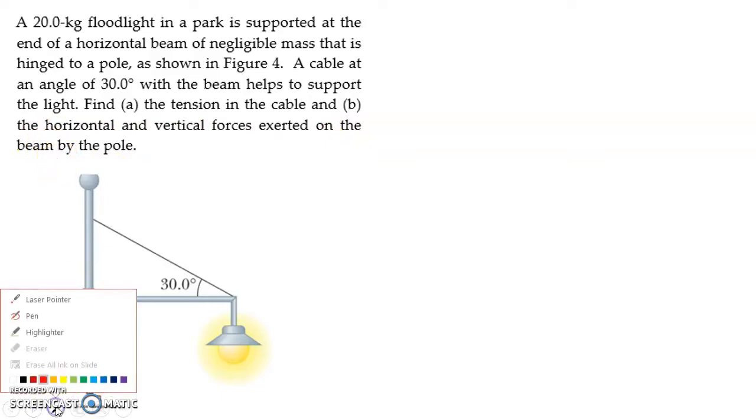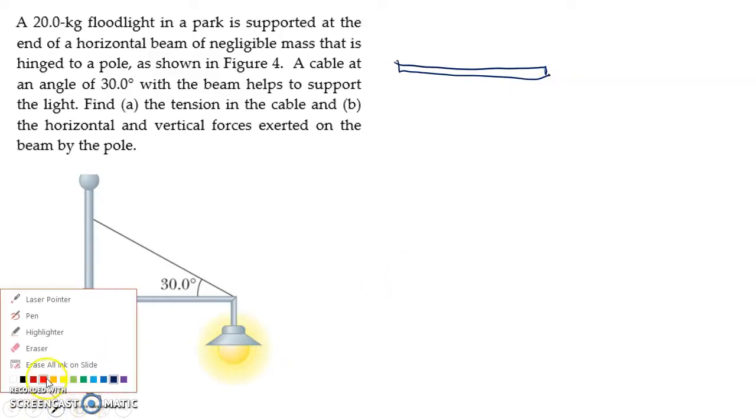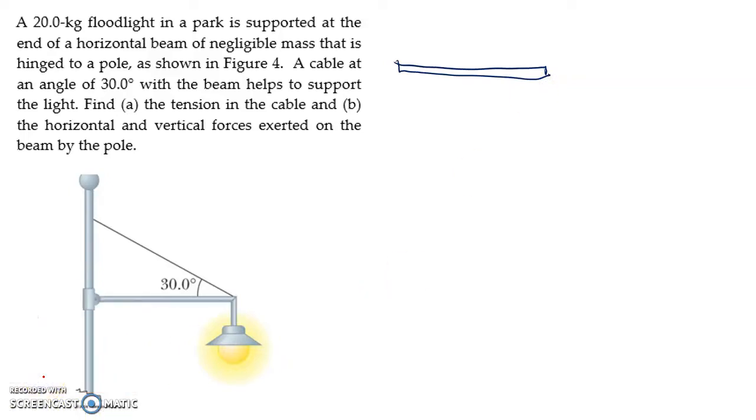The first thing that we need to do is draw the free body diagram of our beam. So this is going to be our beam. And now we're going to be drawing all of the forces acting on the beam. First of all, we can draw the weight caused by the floodlight.